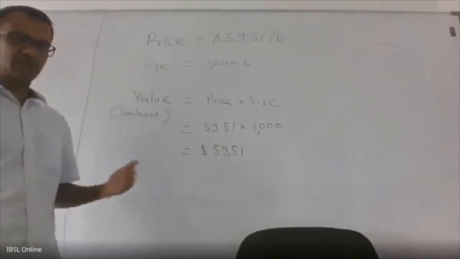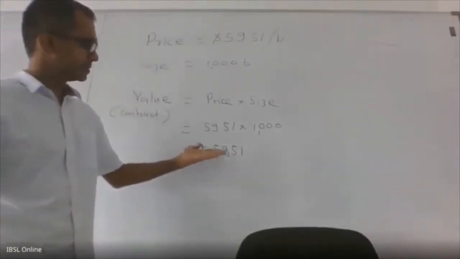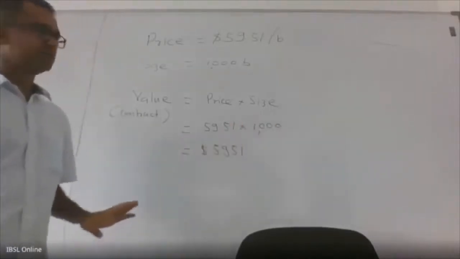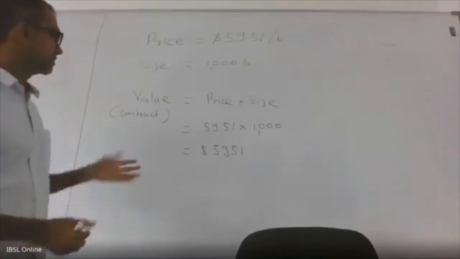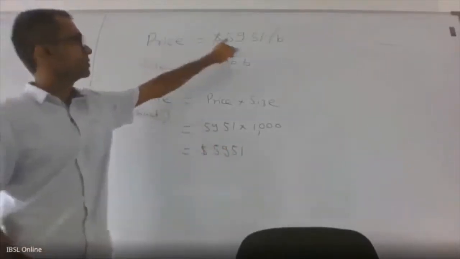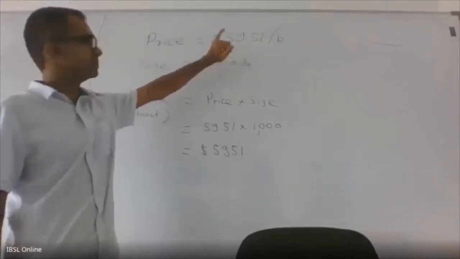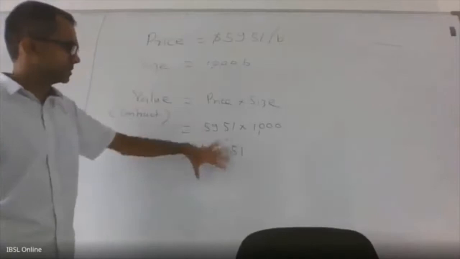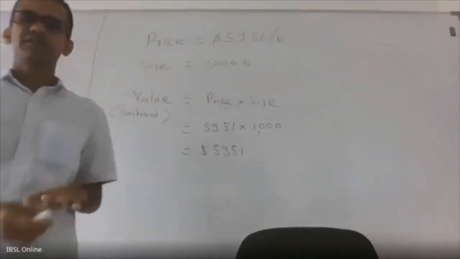On the expiry date, you have to pay $59,510 to buy 1,000 barrels. This is the value of the contract. This is the price of an oil barrel. We say price of contract, but the size is 1,000 barrels, so this is the total value of the contract.